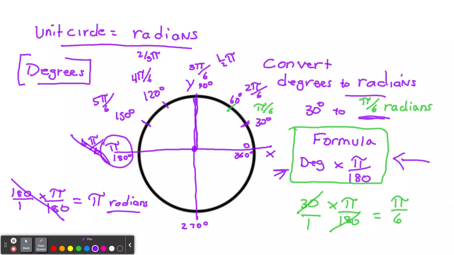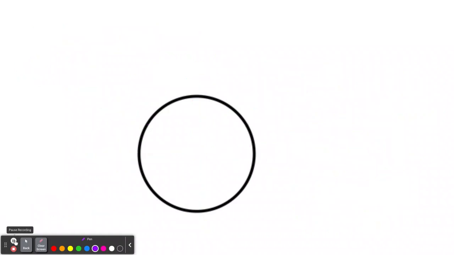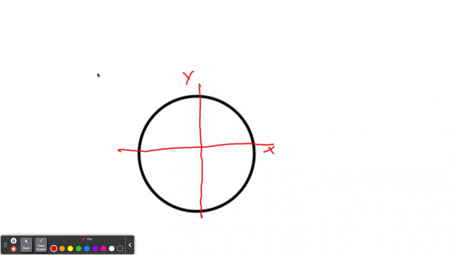What if you wanted to convert radians to degrees? What do you think you should do with that? Oh, let me make another circle here with the x and y graph. There's the x, there's the y. All right, so remember the formula for degree to radian, and then we'll do it again, radian to degree.